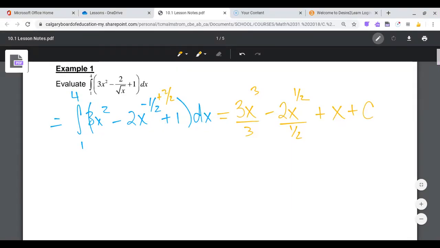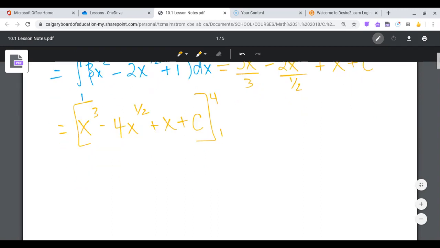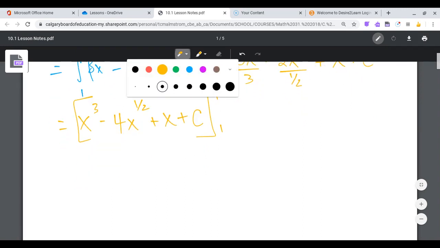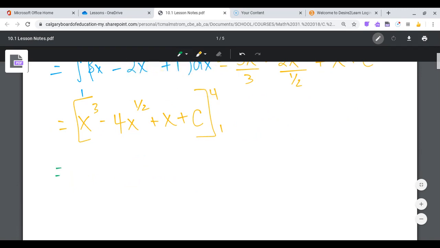And then I'm going to tidy that up. So I get that is equal to x cubed. Okay, so 2 divided by 1/2 is 2 times 2, so minus 4x to the 1/2 plus x plus c. And now I'm going to evaluate this from 1 to 4. So this is my F of 4 minus F of 1 that I am now going to do. And that just means I'm going to put 4 in for my x's.